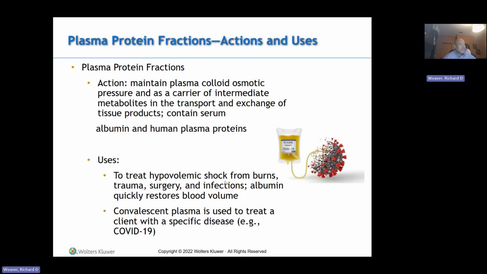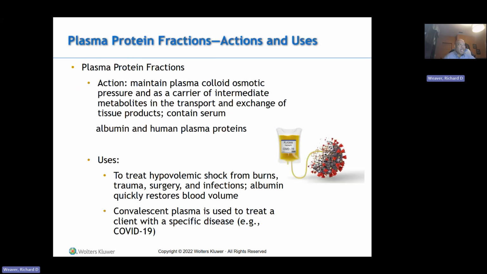Now your plasma protein fractions, in terms of actions, it maintains plasma colloid osmotic pressure, and also acts as a carrier of intermediate metabolites in the transport and exchange of tissue products, and it also contains a serum. But let me expound on the part where it says maintain plasma colloid osmotic pressure.